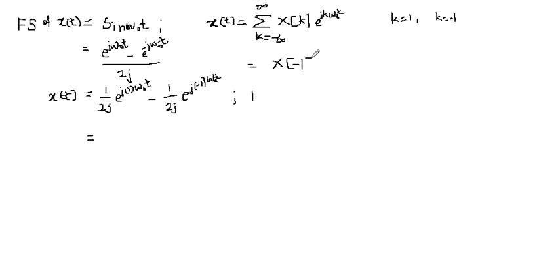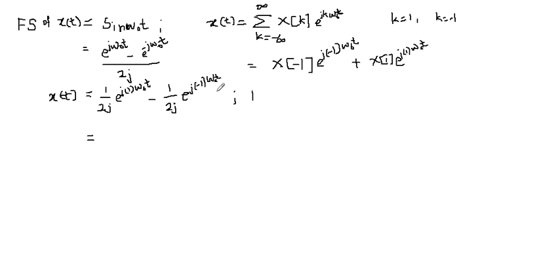So there's x of minus 1 e raised to j, k would be minus 1, omega naught t. And when k is 1, we can write this as x of 1 e raised to j omega naught t.